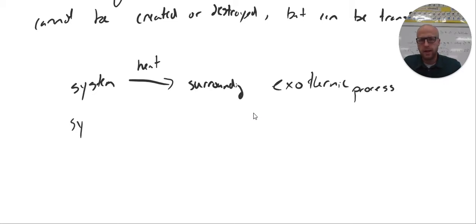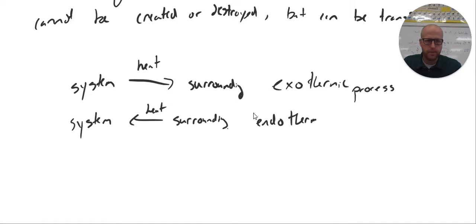If heat enters the system from the surroundings, this would be an endothermic process. Heat entering the system, endothermic. Heat exiting the system, exothermic.